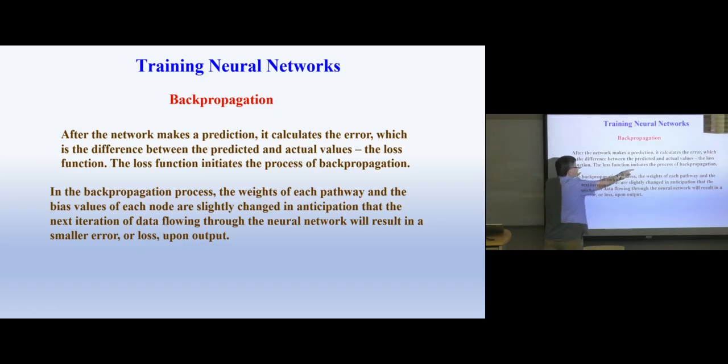The back propagation function has changed all the weights and biases already. Now I just run it again. So what do I have? Notice the weights of each pathway and the bias values in each node are changed by the network in anticipation that the next iteration will reduce the error. I'm looking for smaller error or loss upon the output.